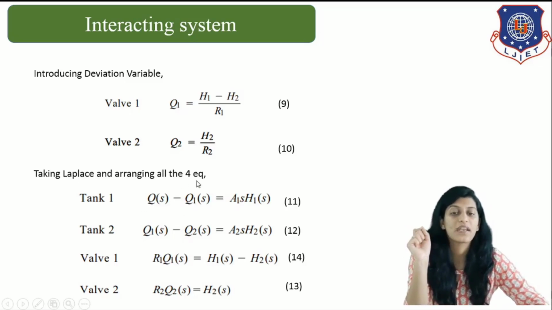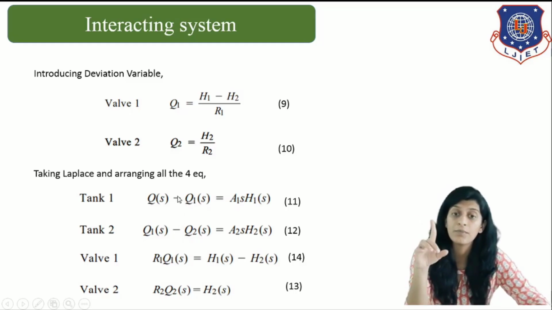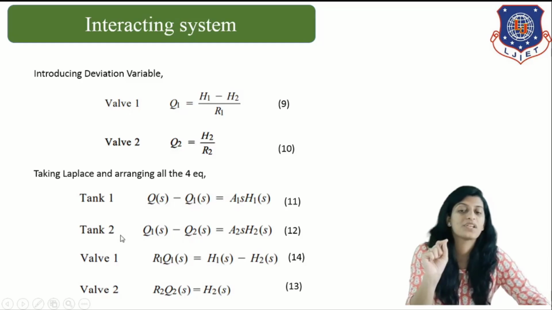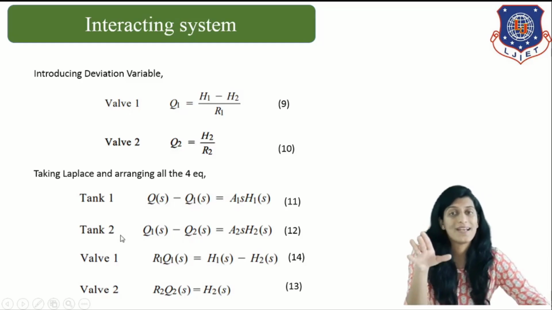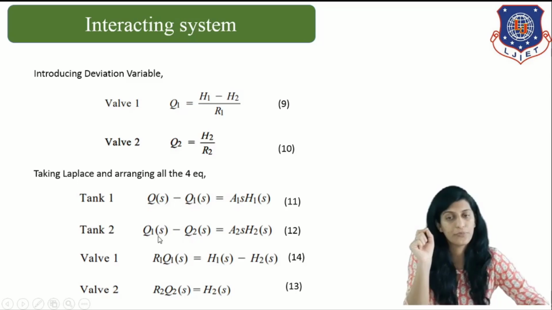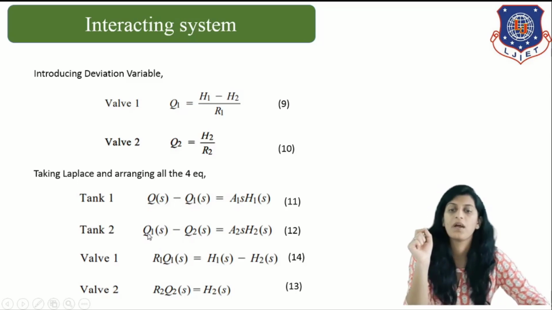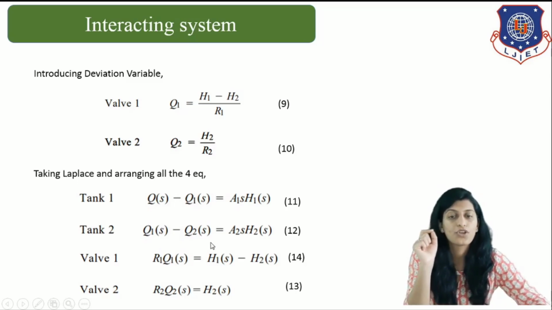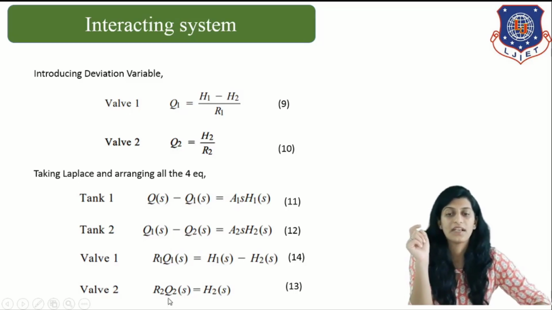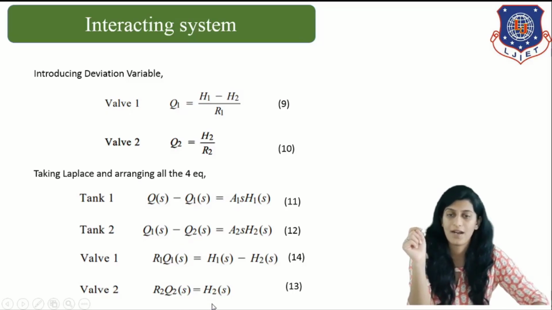We don't need Q1 in our final term, so we substitute the value of Q1 from equation number 2, the transfer function of tank number 2, making Q1 the subject. Again, we don't want the Q2 term in our final result, so we substitute its value from this equation, Q2 equals H2 by R2.